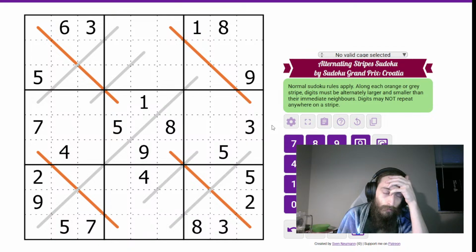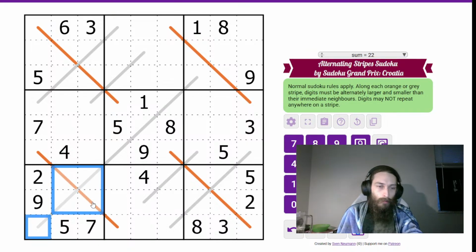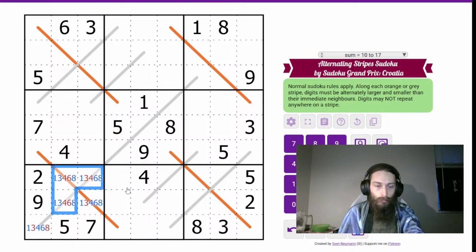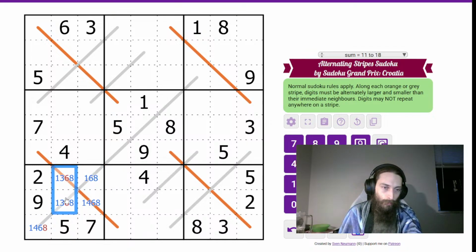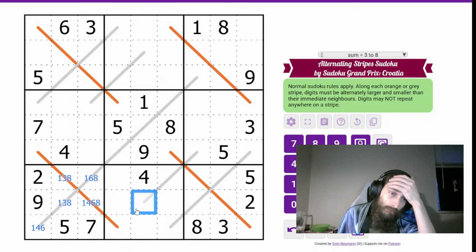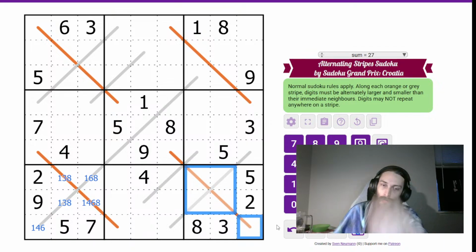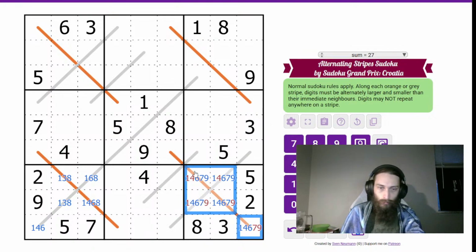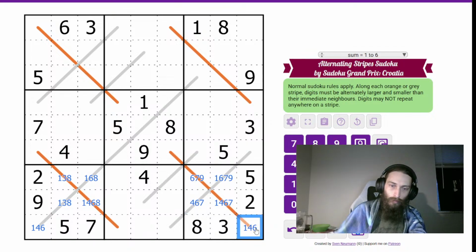So if we look back in this box, 1, 3, 4, 6, 8, where 4 is removed, 3 is removed, 6 is removed, and 8. Then 1, 4, 6, 7, and 9. 1, 4, 9, and 7.